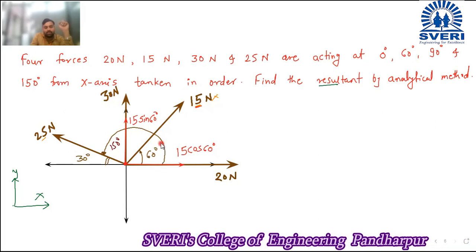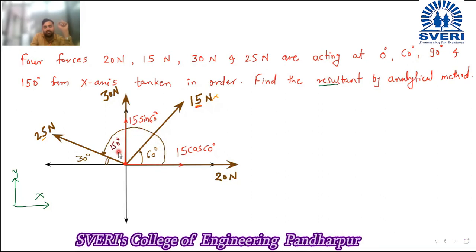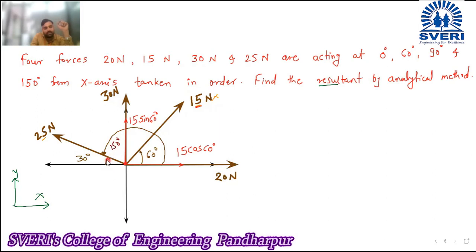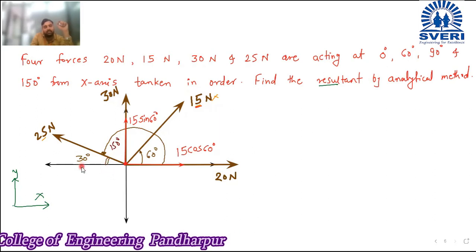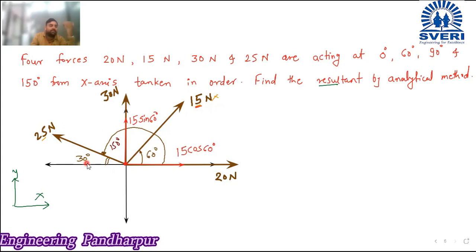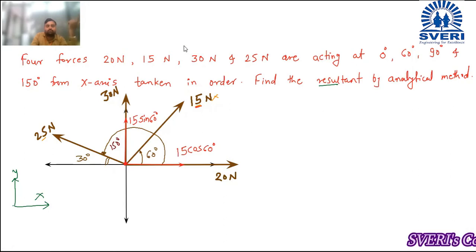Now see, from this side, this angle is 150 degree. But from this side, with the x-axis, the angle is only 30 degree. So 30 degree is the acute angle. So we can resolve this force. This is the point of contact.